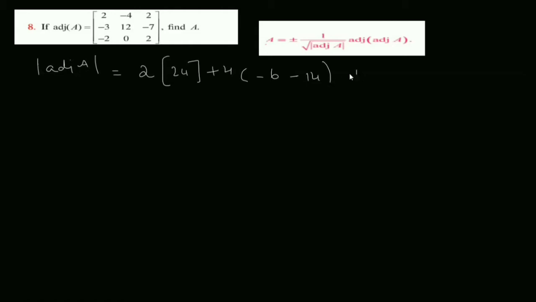Plus 2 into 0 minus of minus 24, that will become plus 24. So we get 48 minus 80 plus 48, which is 96 minus 80, that is 16.